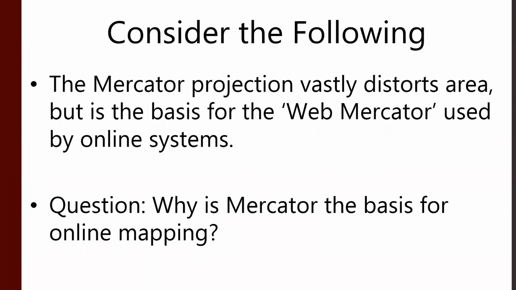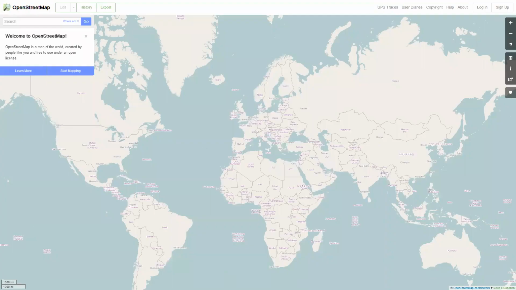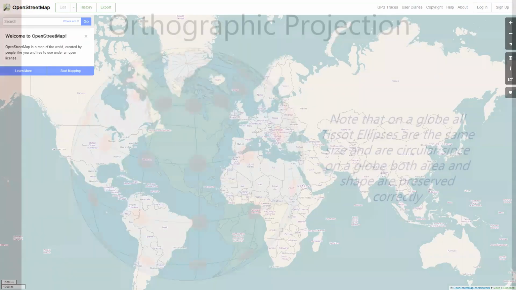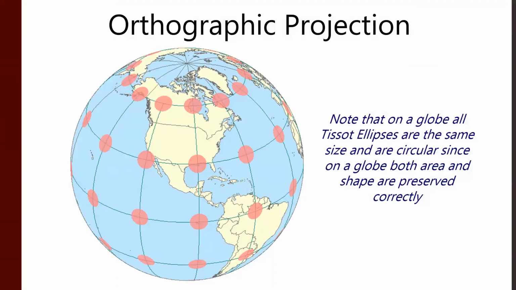Why would we use the Mercator projection, which we know to be distortive, problematic, contains deep issues, at least in interpreting the size of various continents and land masses? So why is it the basis of OpenStreetMap, of Google Maps, all these other things? Think about that for a bit. We'll finish up.